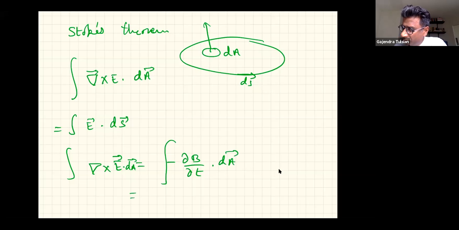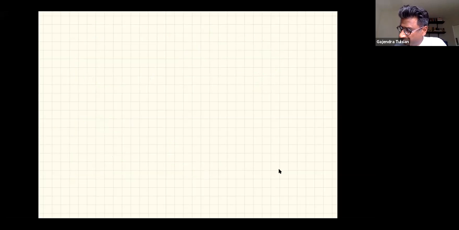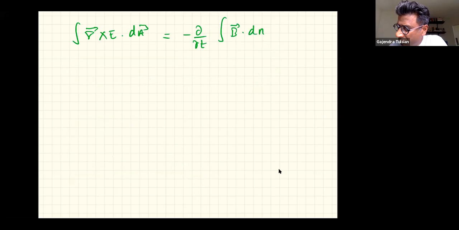So the surface integral of curl of E is equal to minus del by del t of the surface integral of B dot dA.